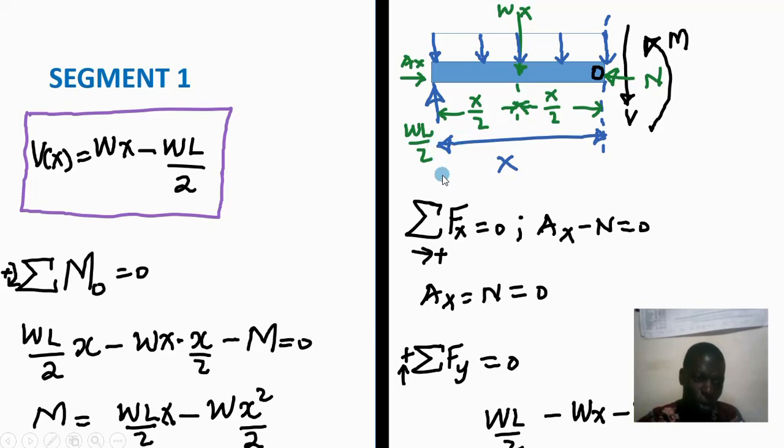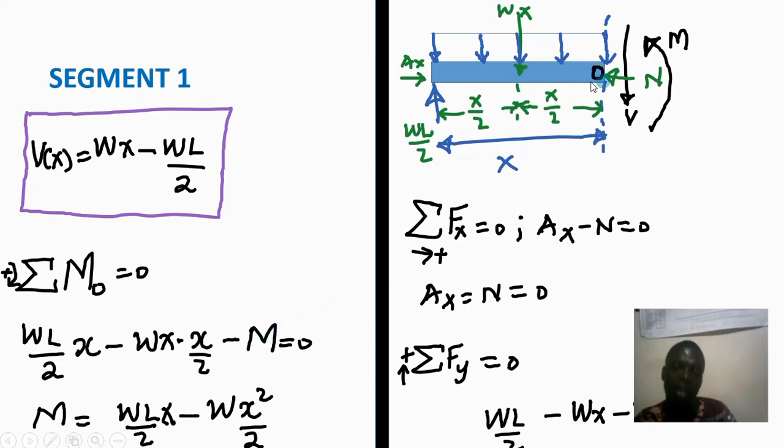So WL out of 2 is going to be a clockwise moment with a perpendicular distance x, so it will be WL out of 2 times x, minus Wx. Wx acts at a distance x out of 2 from this point where we are taking our moments, and therefore it is going to be in an anti-clockwise direction.